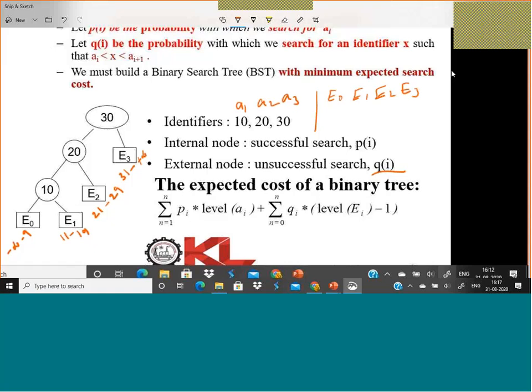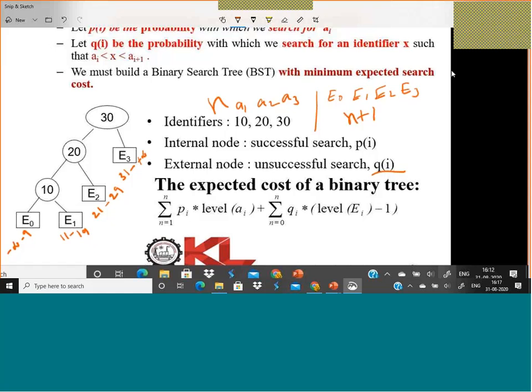If n is the number of key elements, then n plus 1 virtual nodes are there for any binary search tree. Okay, so we must consider these elements, the real nodes and the virtual nodes. Rectangle boxes are nothing but the virtual nodes, and the circles are real nodes.